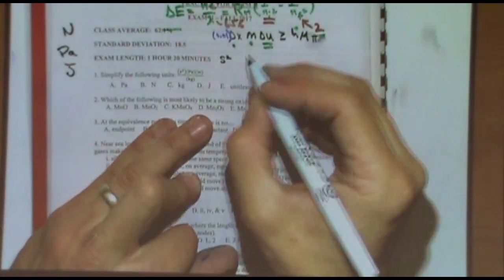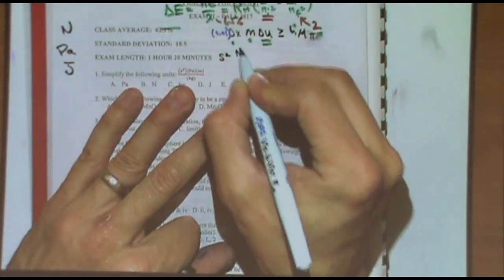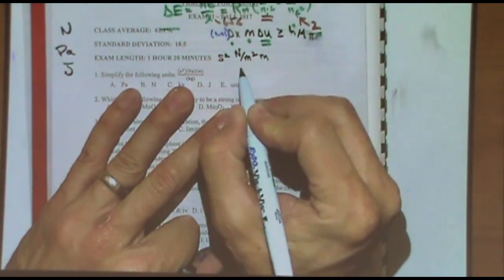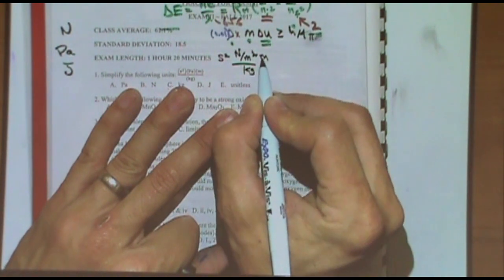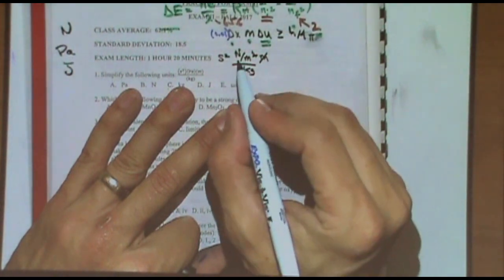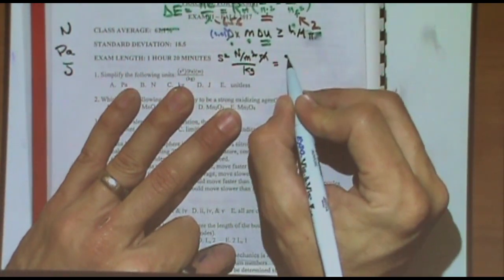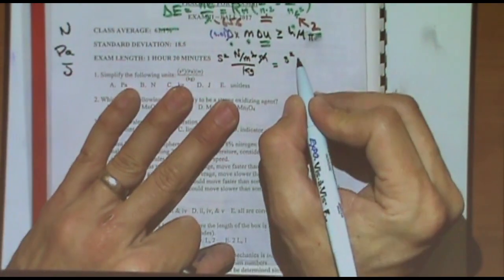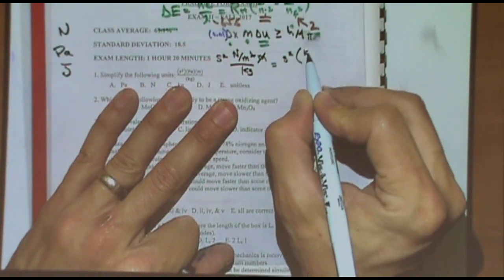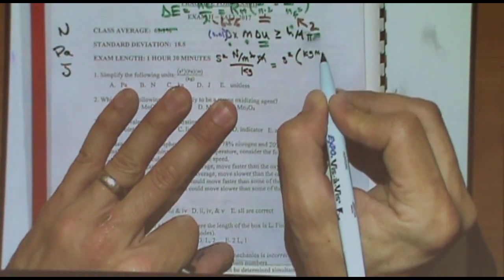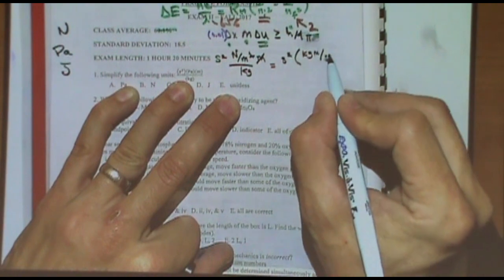Okay, so you see Pascal here. A Pascal is a Newton per meter squared. Think of pressure as a force per unit area, times a meter over a kilogram. You can see that one of the meters is going to be gone from there. Now a Newton, so we've got a second squared. We've got a Newton, which is a kilogram meter per second squared.